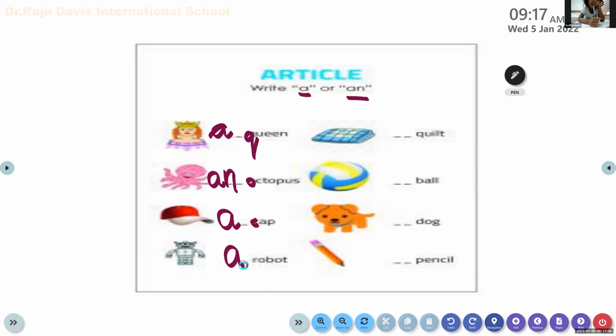Quilt begins with which letter? Q. Quilt is a small bed. Quilt means it's a small thin bed. So yes, a quilt. We use "a." Ball begins with a consonant letter B, so a ball.